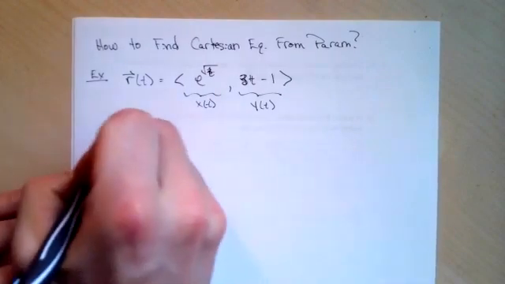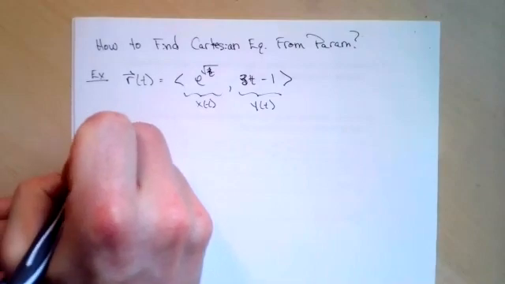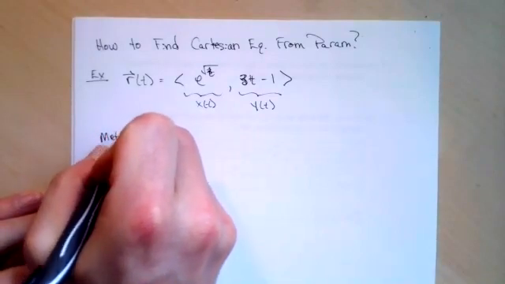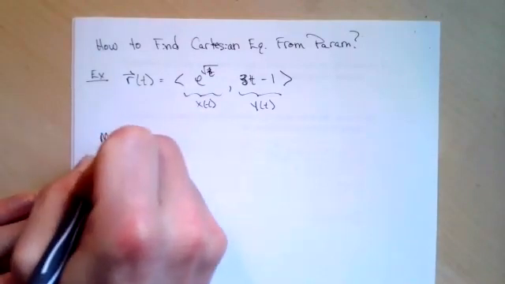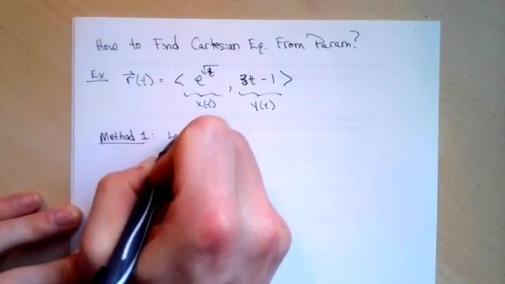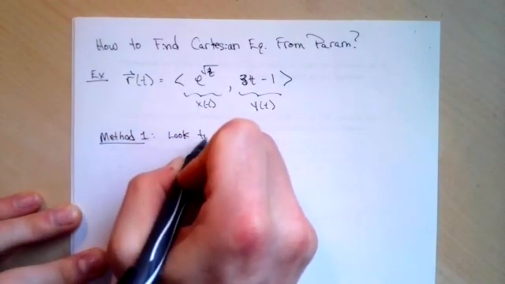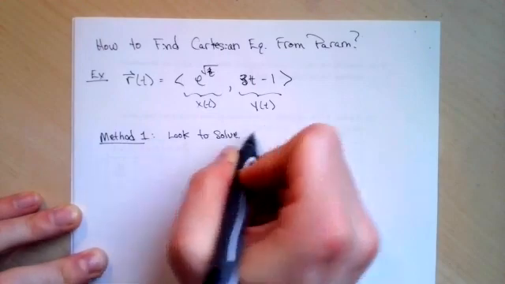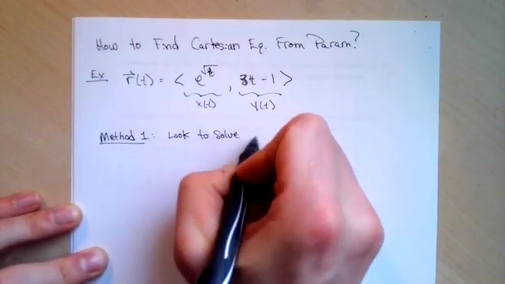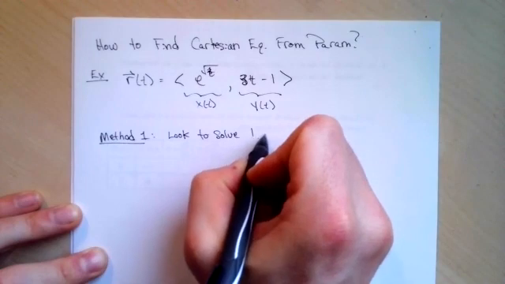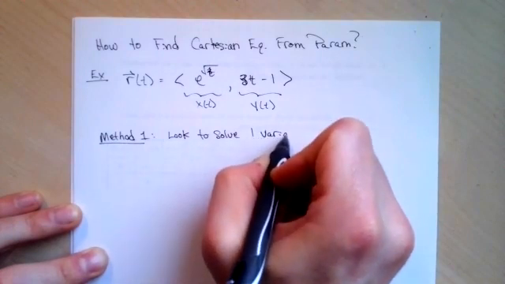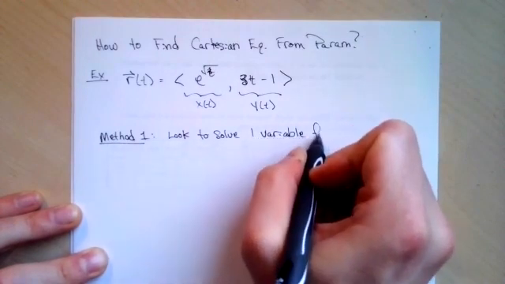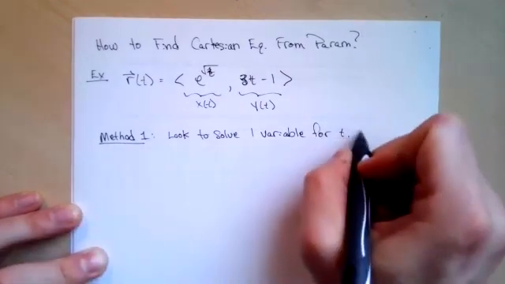So just like in the other direction, method 1 is going to be a little bit more involved, and it's simply to solve one equation for t and then substitute.